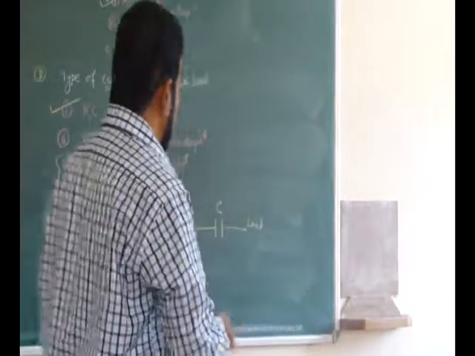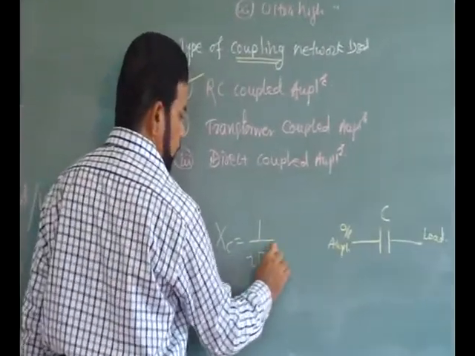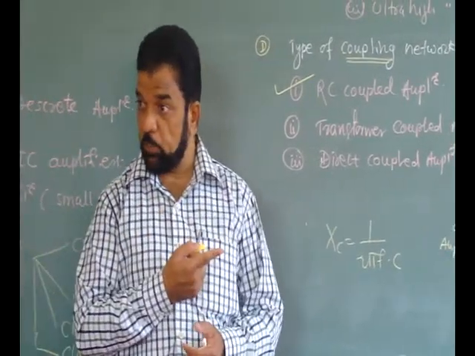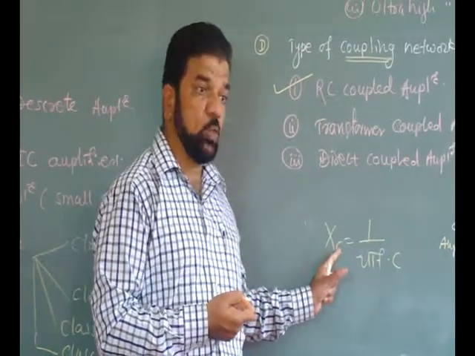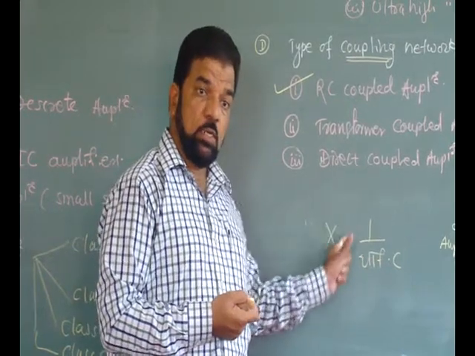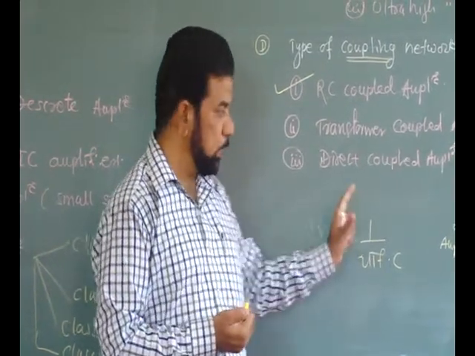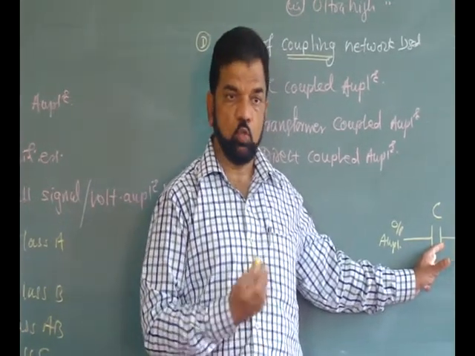The reactance is given by 1 by 2πfC. So in the selection of the capacitor, how do we select its value? The reactance should be as small as possible, so that there is no drop across the capacitor. That means you get the first condition.